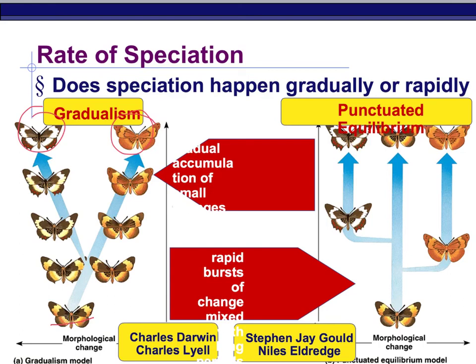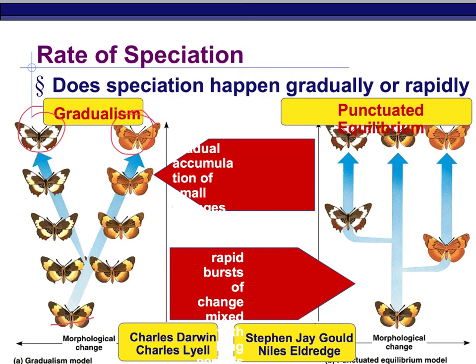It's a slow accumulation of simple little changes: the shape of my wing, the colors of my feathers, how long my legs are. Lots of little changes that eventually accumulate into a big change.